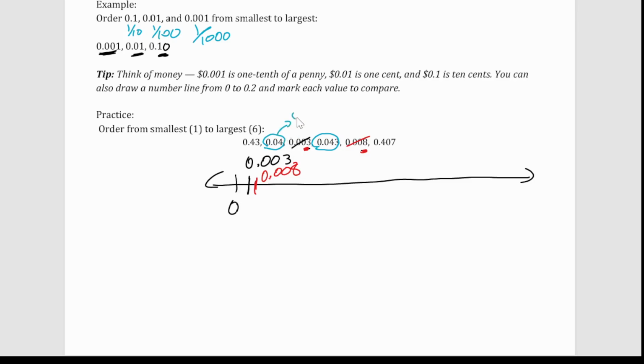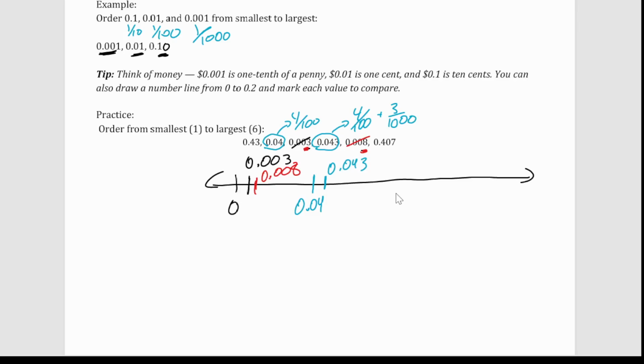This 0.04 being 4/100ths, so 4 cents if you will, while the other one is 4/100ths, so 4 cents if you will, and just a little bit more, another 3/1000ths. So if I'm going to be plotting these, I would have 0.04, and then just a little bit to the right of it, 0.043.